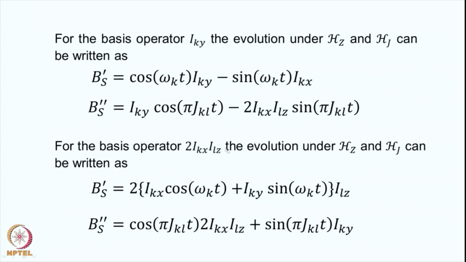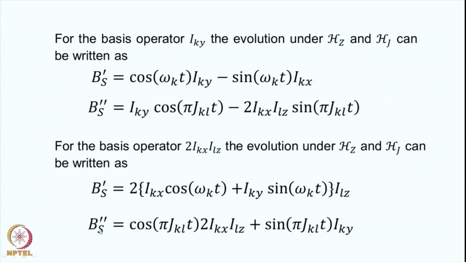So, even if it is in this form, the two product operator, the chemical shift evolution works on the individual operator, because we have the Ilz here and we have the Ilz coming here. Ikx evolves in the usual way as it is for the individual single spin.